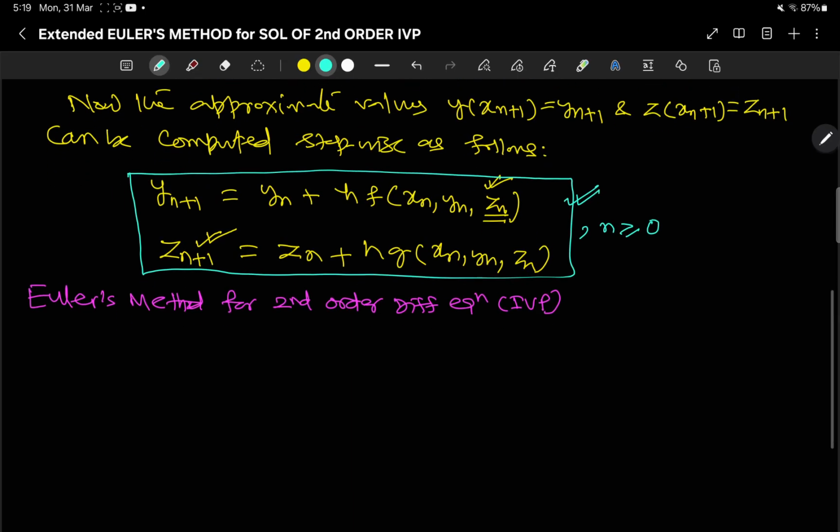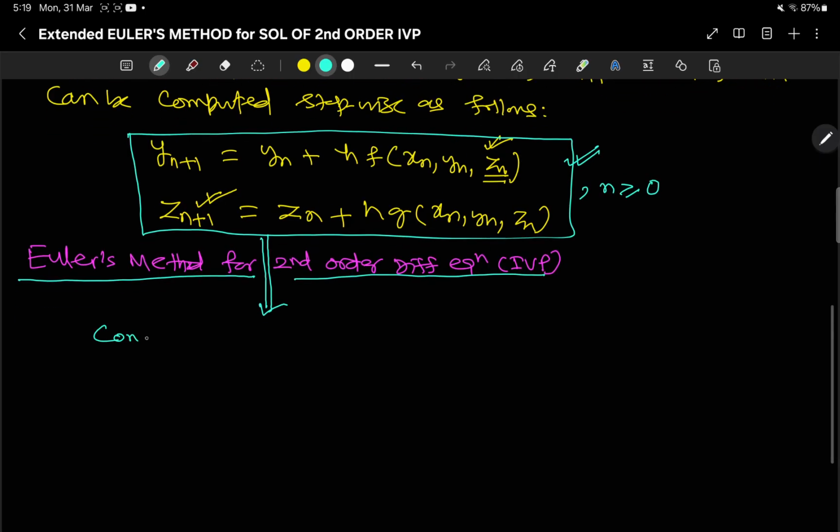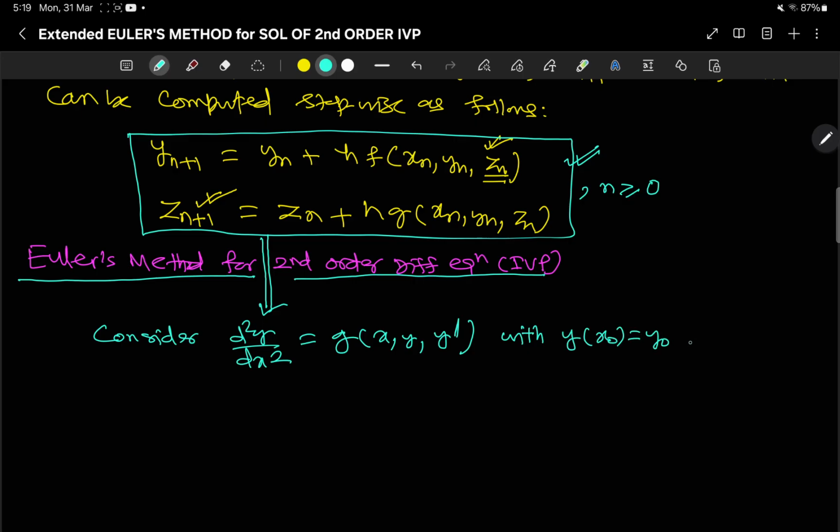So now we extend this technique to the second order differential equations. We consider d²y/dx² equal to g(x, y, y') with conditions y(x0) equal to y0 and y'(x0) equal to y'0.